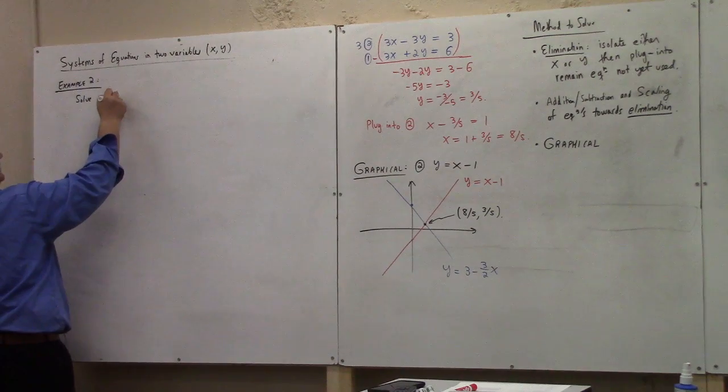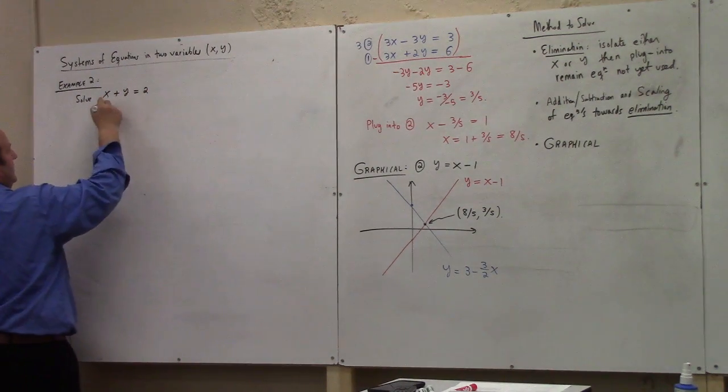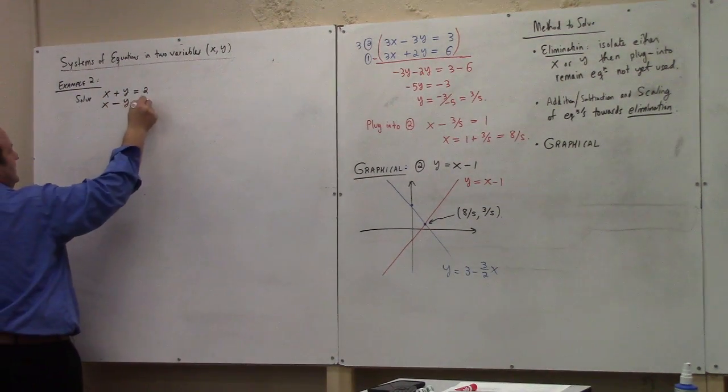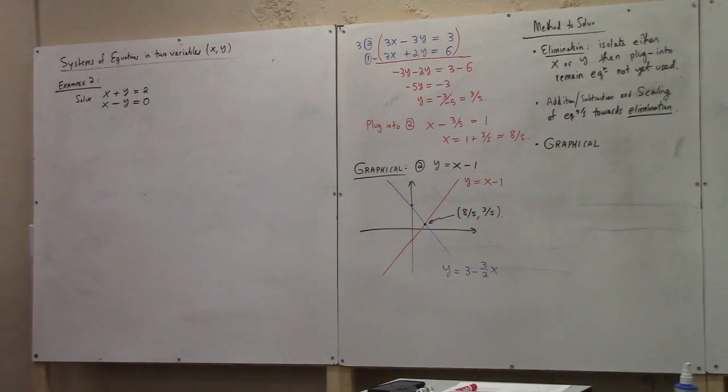Solve x plus y equals 2 and x minus y equals 0. So what do you guys advocate we do here?